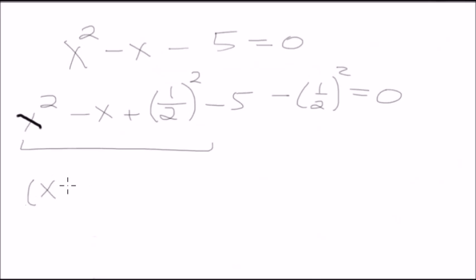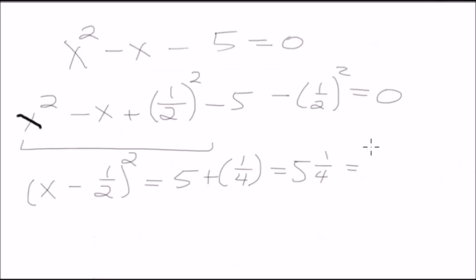I get (x − 1/2) squared is equal to 5 plus 1/4, or just 5 and 1/4, or if you want to write it this way, 21/4. I can now look at the square root of that number.